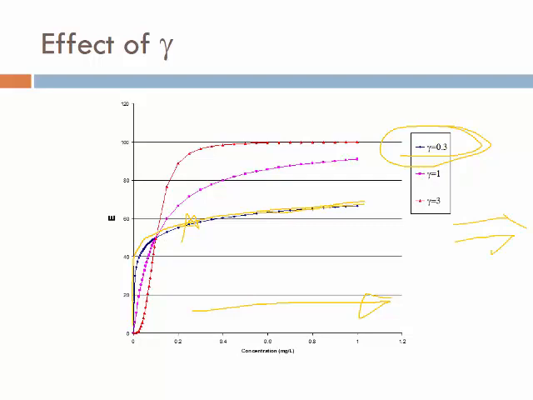So it's a very slow increase in effect, even though we're increasing the concentration pretty rapidly. Well, I shouldn't say rapidly, but as we increase the concentration, we see very little change in effect. It's a flat curve. So it's the opposite of on-off. It's a very gradual change in effect as we increase the concentration. So the lower the gamma, the more slow we see that change in effect with changes in concentration.